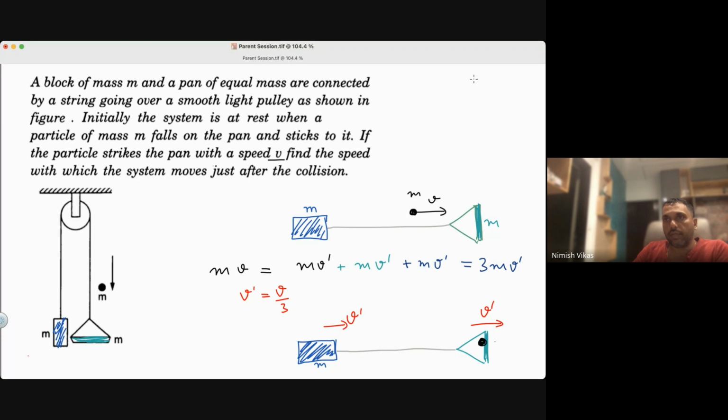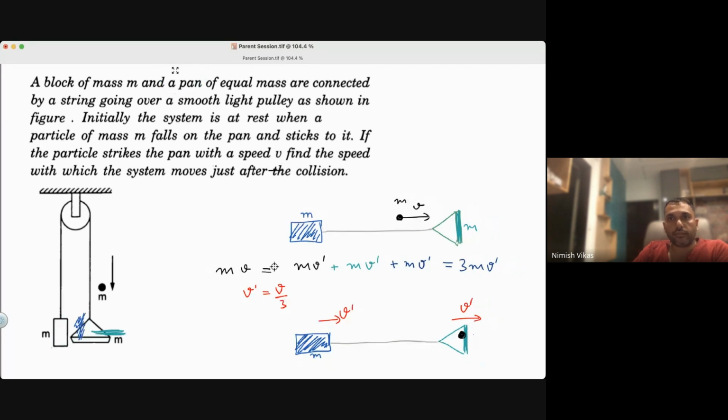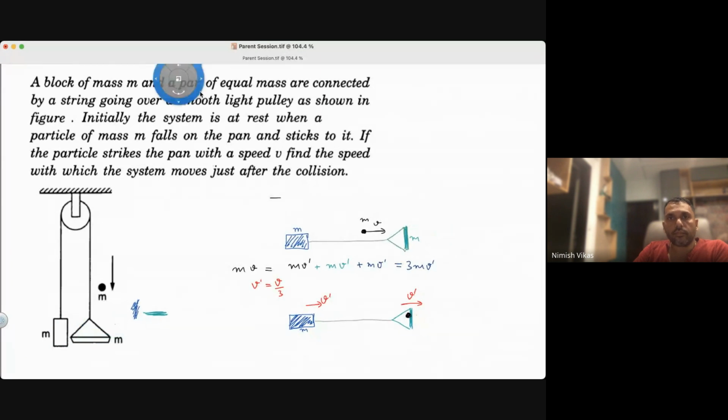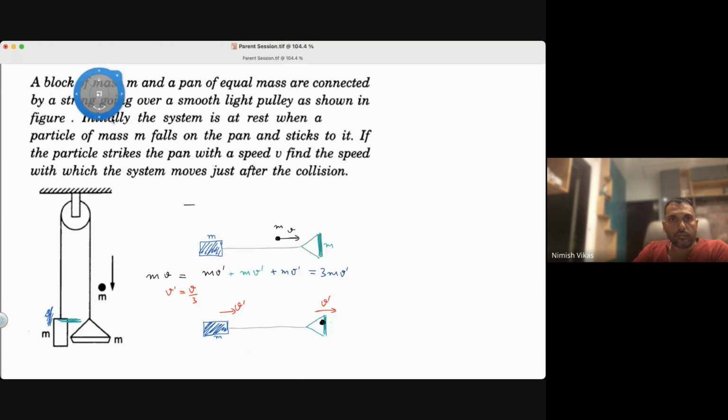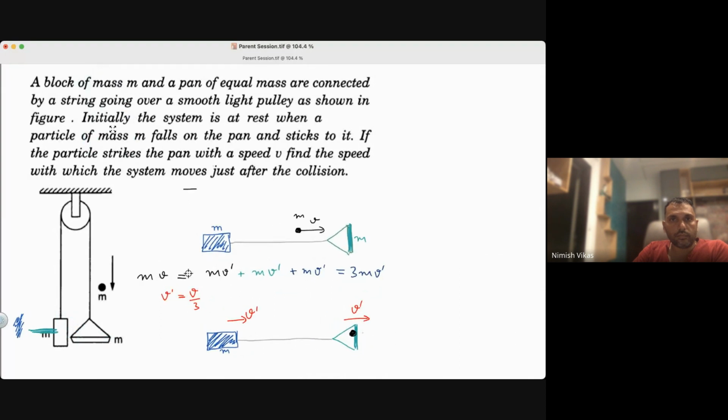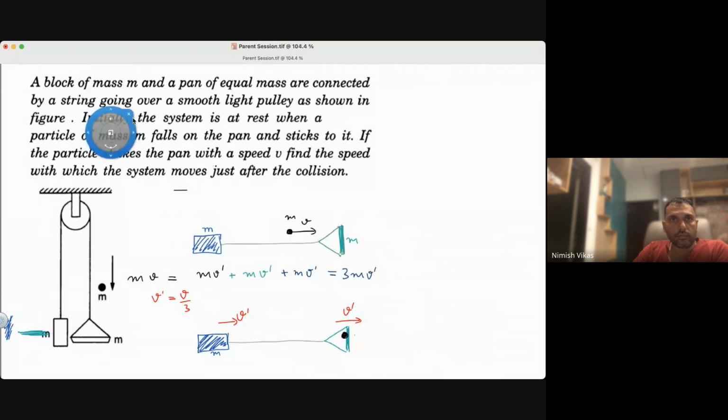I think we can manage doing it on the same page itself. Okay, I'll think of the black body first. Anybody?